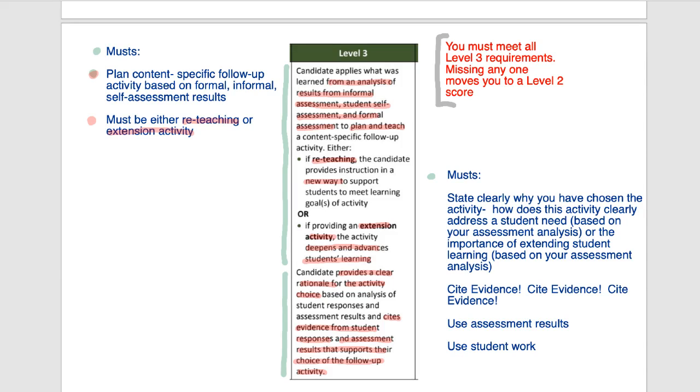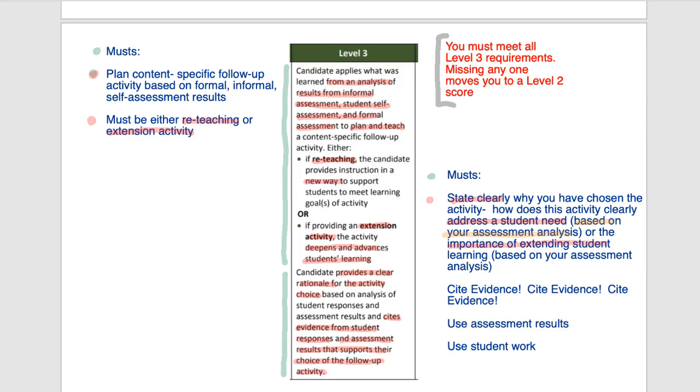So under this criteria, you need to state clearly why you have chosen the activity. How does this activity clearly address a student need? And this has to be based on your assessment analysis. Okay? So this is for reteaching. You can also, instead of addressing a student need, address the importance of extending student learning.